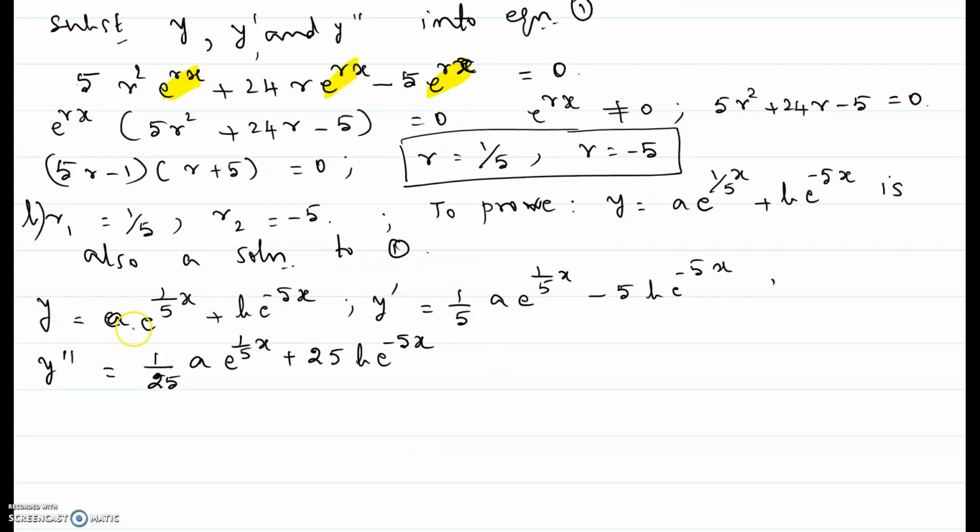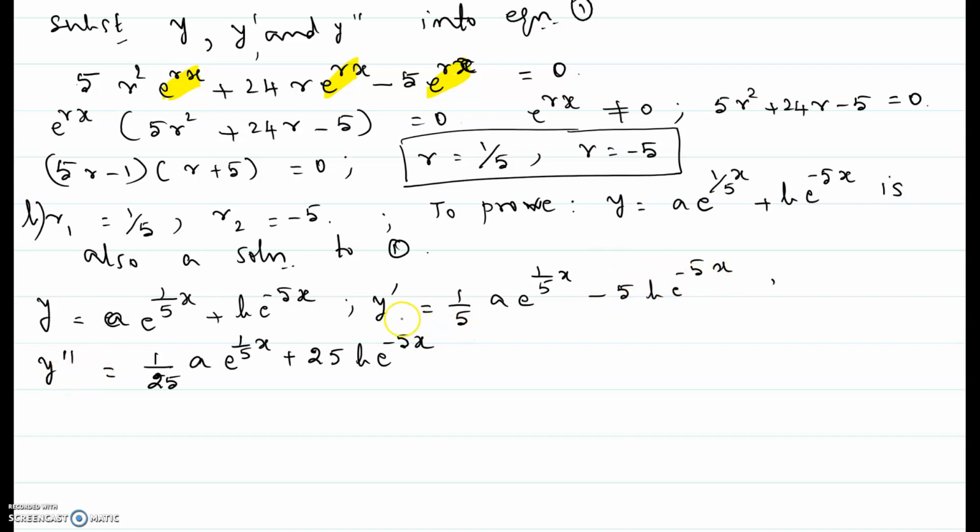So for y equal to a times e to the 1 by 5x plus b times e to the negative 5x, let's find y prime and y double prime. Y prime is 1 over 5a e to the 1 by 5x minus 5b times e to the negative 5x. We are applying the chain rule here.